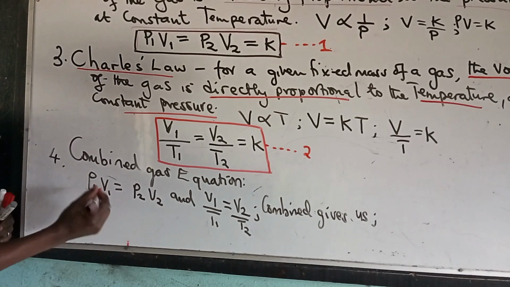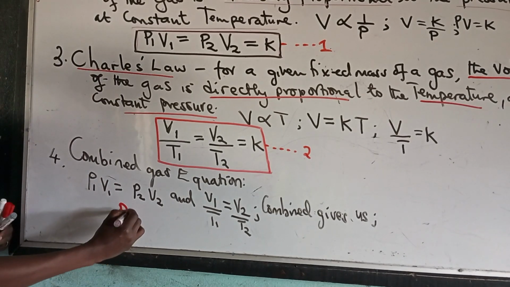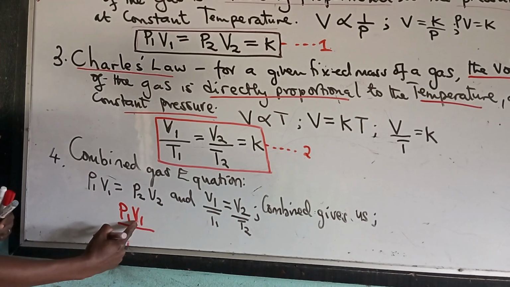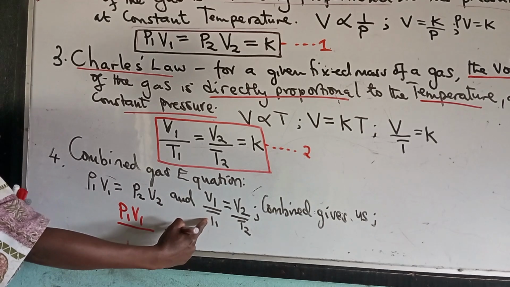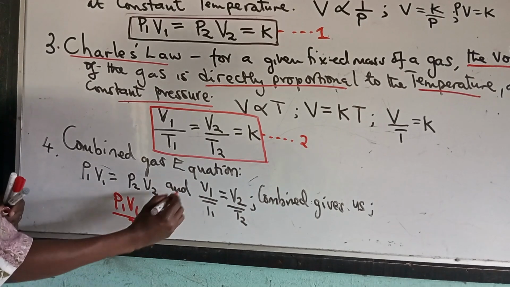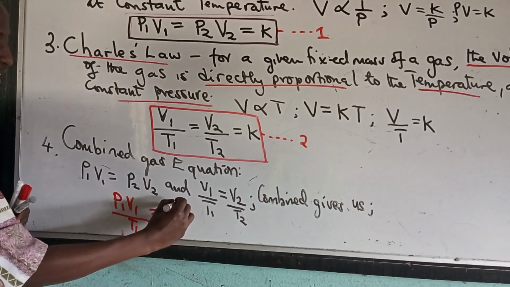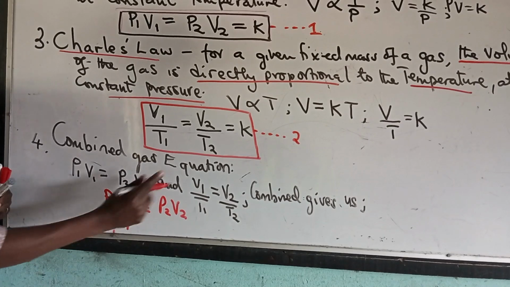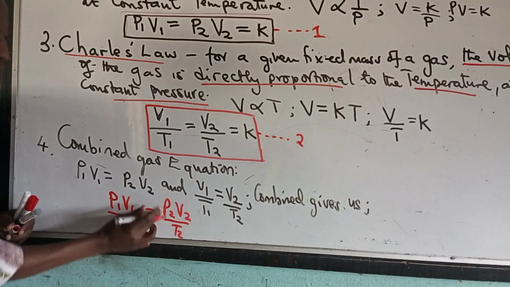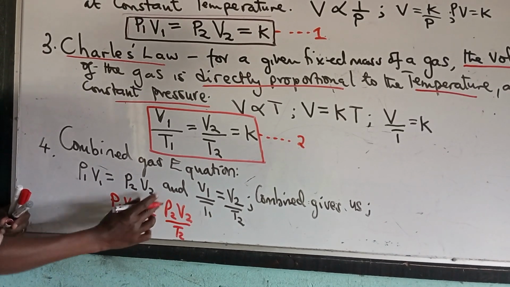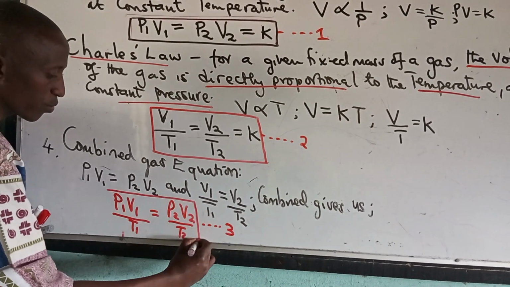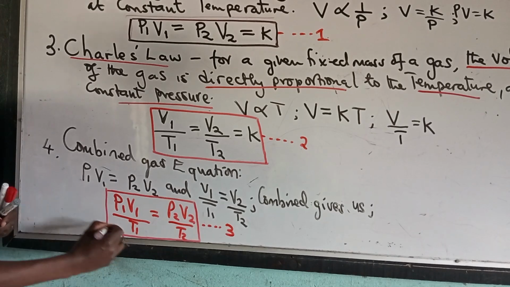So maintaining that relationship, we shall be able to get P1 relating to V1 as here, and V1 relating to T1 inversely. So I'll put T1 here is equal to this condition here, P2 relating directly to V2 and V2 relating directly to T2 when pressure is constant. And that gives us the third row in what we are calling the combined gas equation.